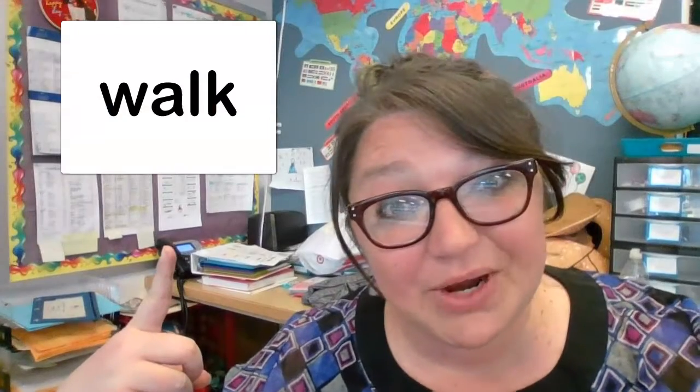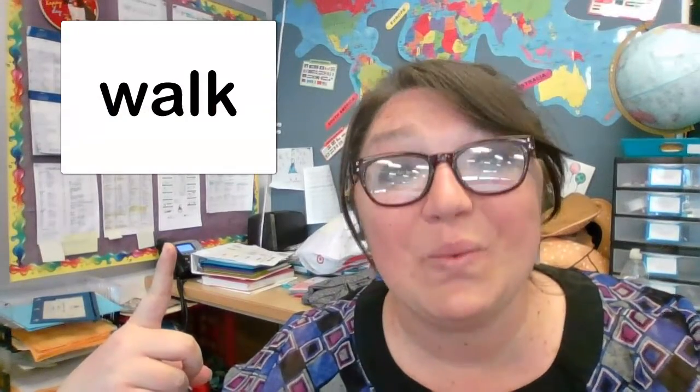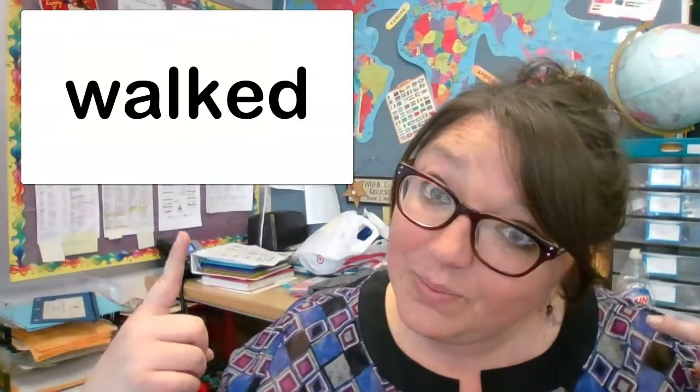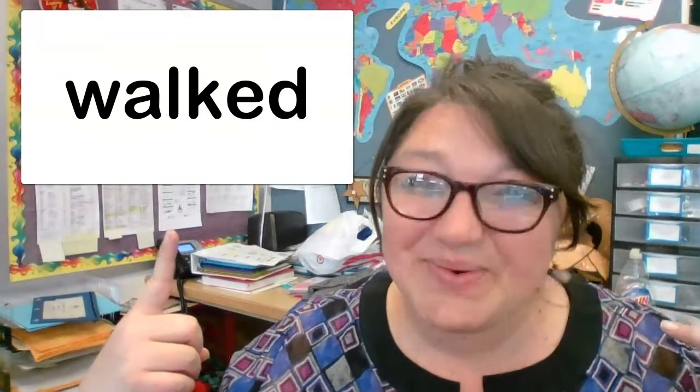Now, sometimes we have words that do not follow either of these rules. Words like fix and mix, like we did yesterday, that we just pop an ED or an ING on the end. Let's take a look at this one. What is this word? Walk. Good. Yesterday I walked.